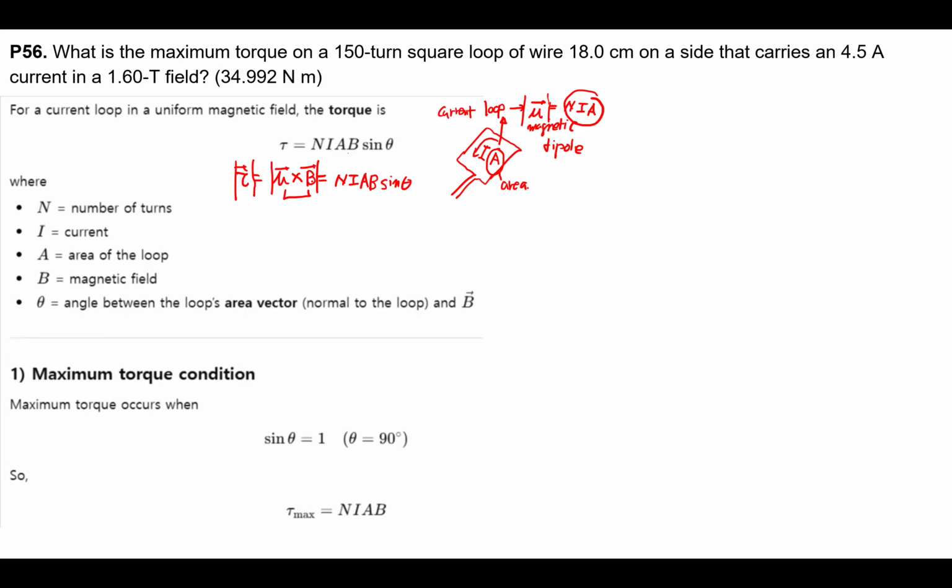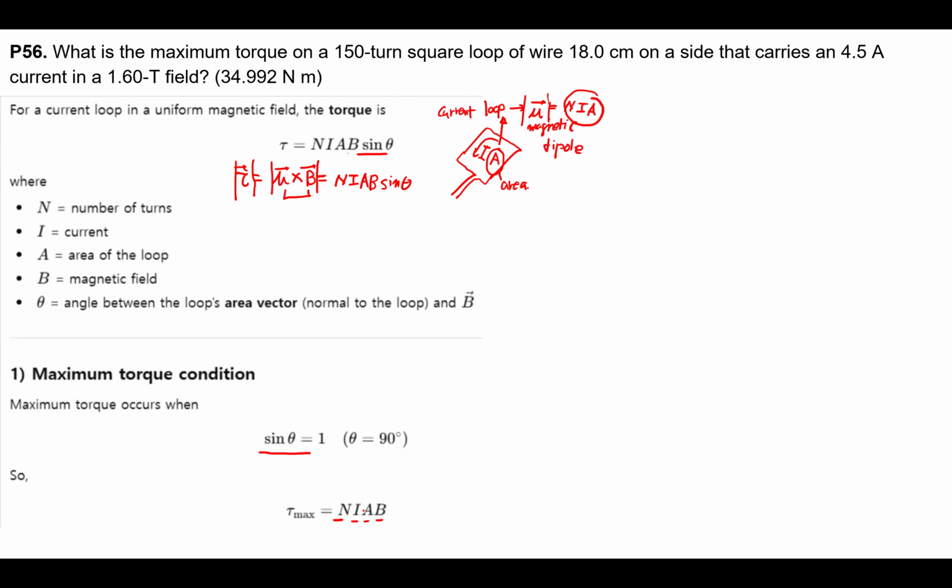We note that the maximum of sine theta is 1. In this case, the torque is given by NIAB. The number of turns is given, the current is given, right?